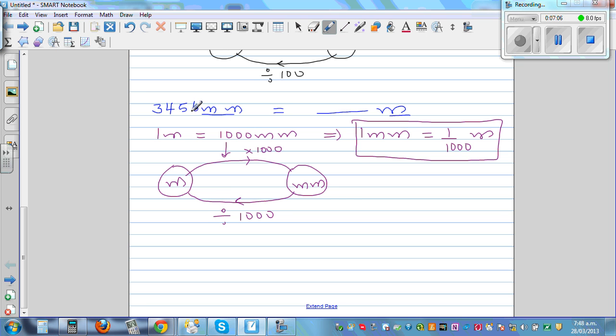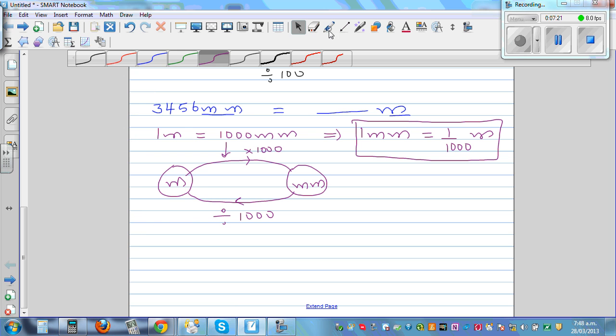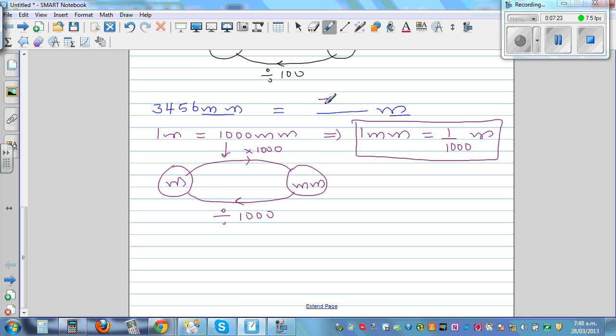You want to change from millimeters to meters. So use the calculator. 3,456 divided by 1,000 is 3.456. The answer is 3.456 of a meter.